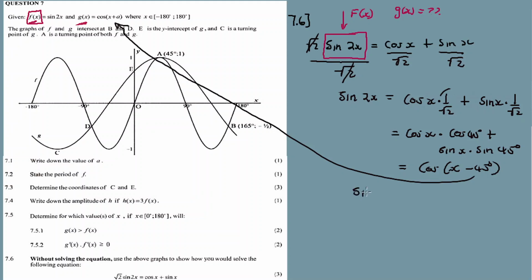So therefore sine 2x is equal to cos of x minus 45 degrees. So it means that in order for me to solve this equation, I'm going to solve the equation using the graphs.